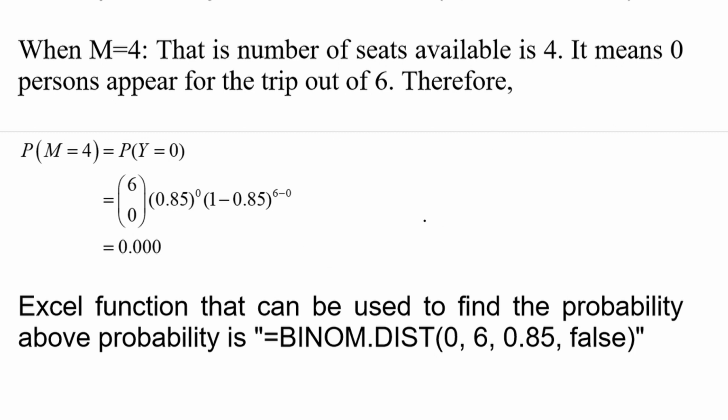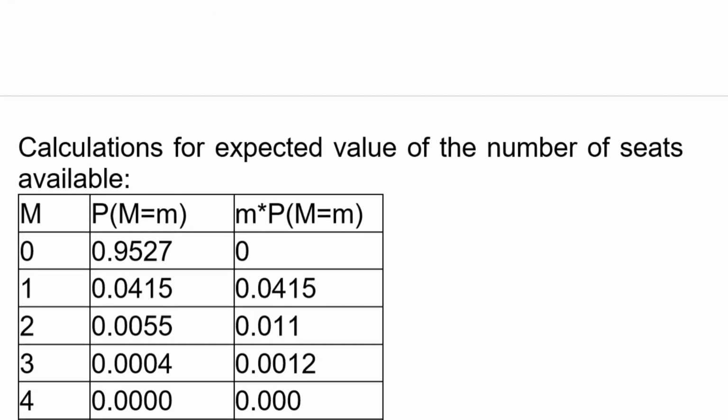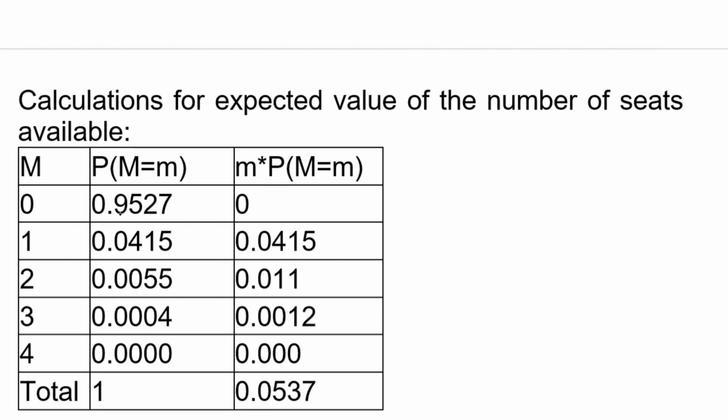Summarizing all these probabilities into a table, we have the following table. For m is equal to 0, the probability that there are no seats available in the limousine is 0.9527, like this one. But the question says we need to find the expected value of the number of seats available.